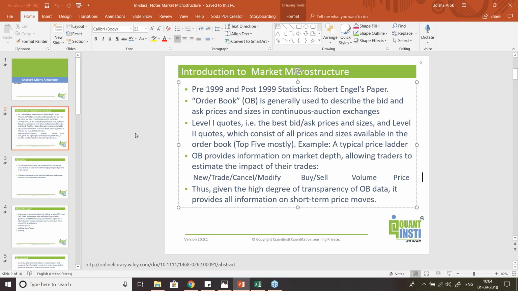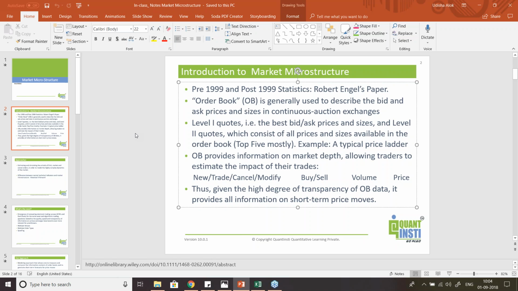Okay, so coming back to the order book. All the orders that come into the exchange are collated into a single sheet of paper, or you can say an order book, or it can be an Excel sheet, or it can just be in a raw format. This order book will have a timestamp, the time at which the order has come into the exchange, and it will have different features.